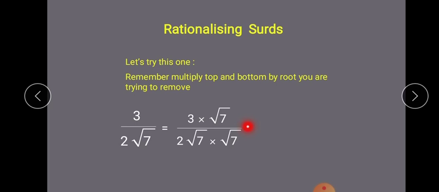So root 7 in the numerator as well as root 7 in the denominator. So the answer we will get: 3 into root 7 is 3 root 7, and you just see the denominator, root 7 into root 7, the root will go, so what will be left? 7, and this 2. So we can write it as 3 root 7 by 2 times 7, which is 14.